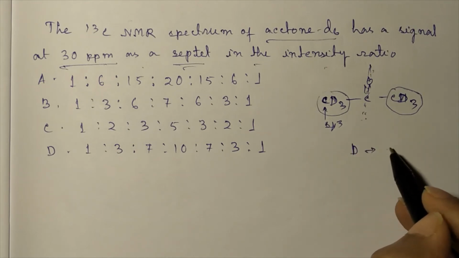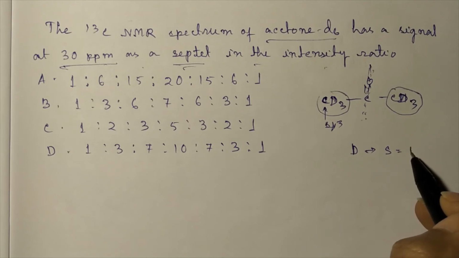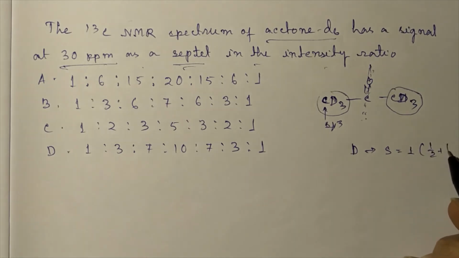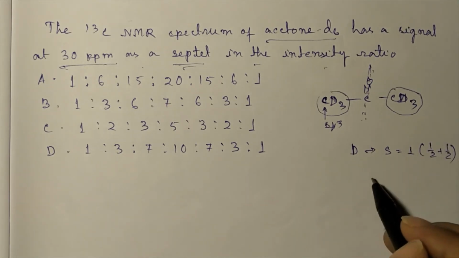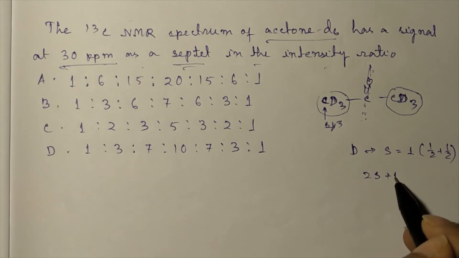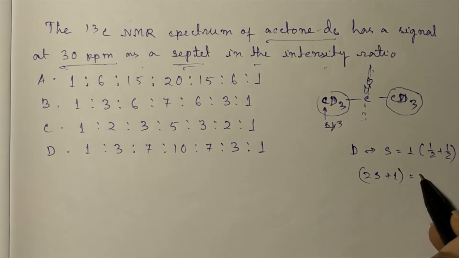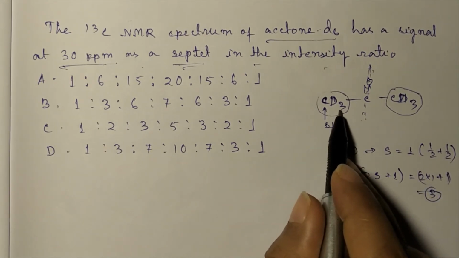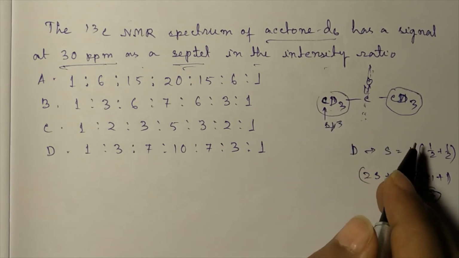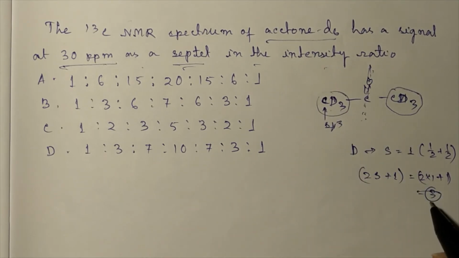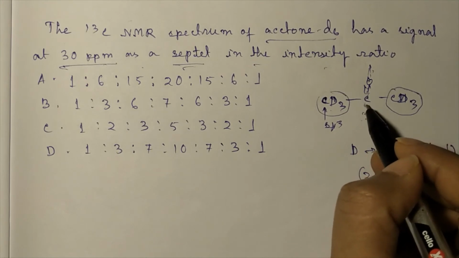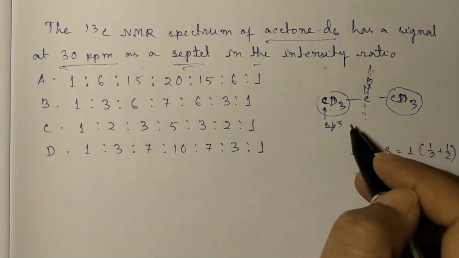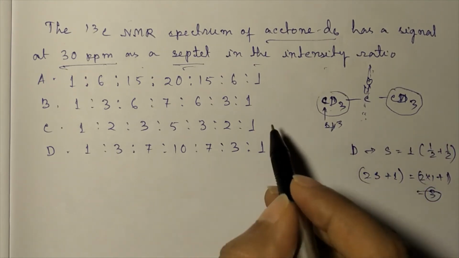Deuterium has spin quantum number equal to 1, that means 2nI plus 1 equals 2 into 1 plus 1, a triplet. Now 3 deuterium are there, so the singlet signal for this carbon will be a septet.